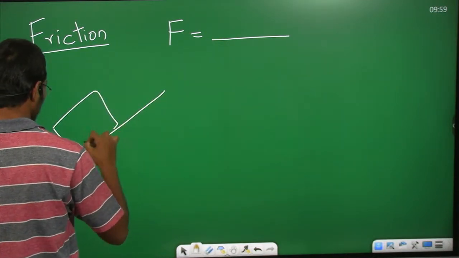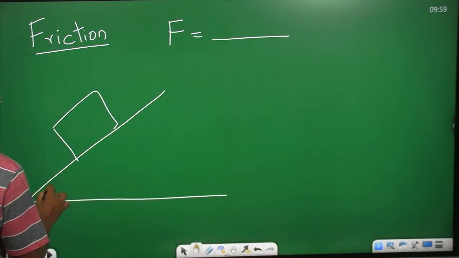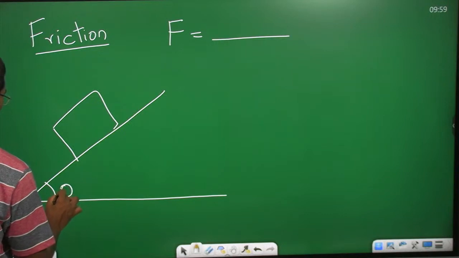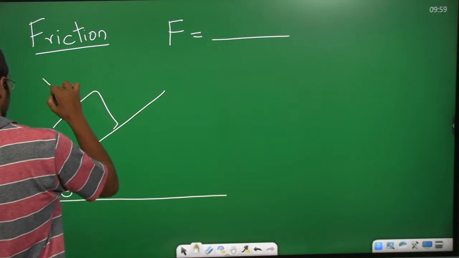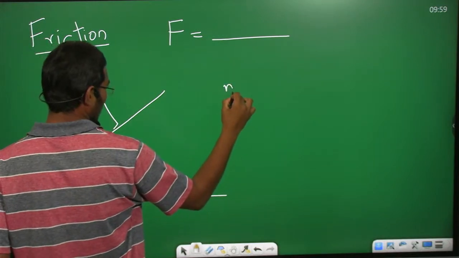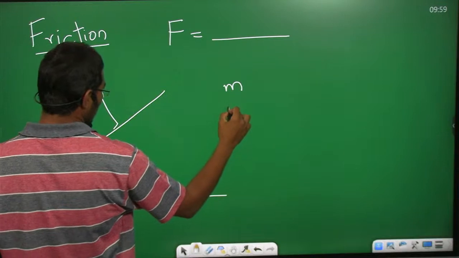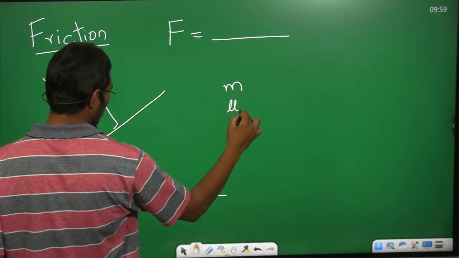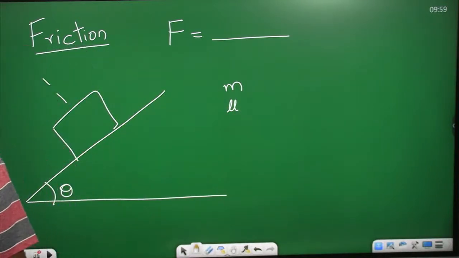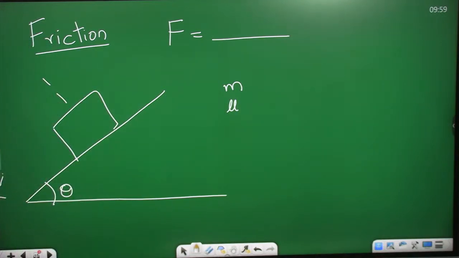Let us try to work on a body which is on an inclined plane at an angle theta, whose mass is m, whose coefficient of friction between the surfaces is mu. Let us try to work on this. Before getting there, try to write the formula for friction.